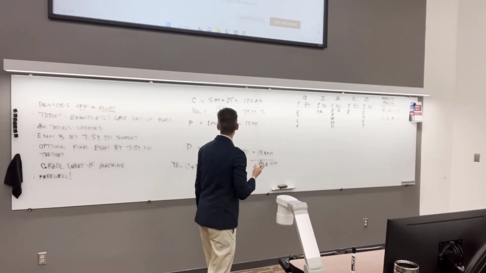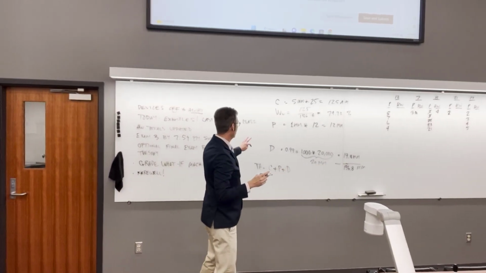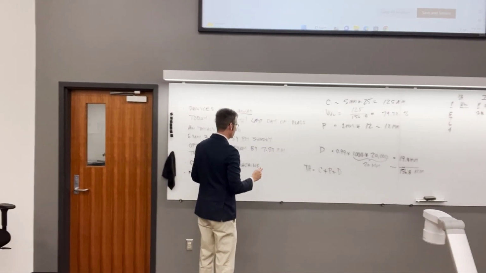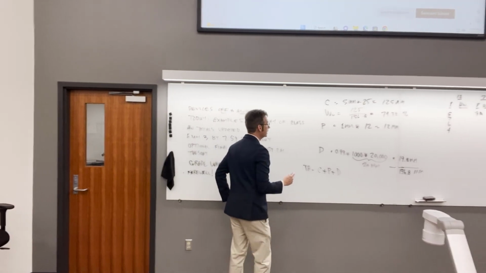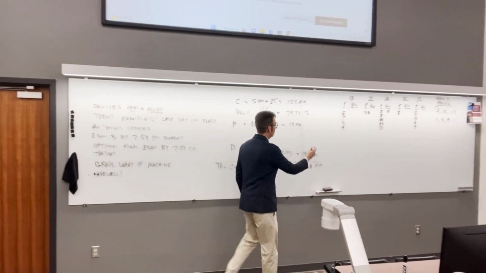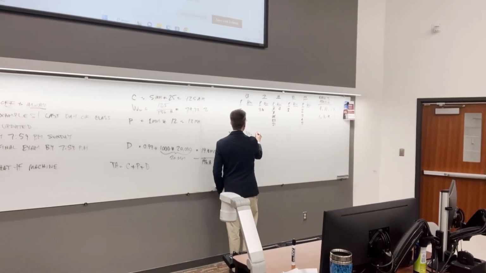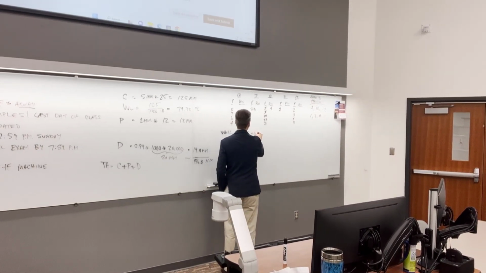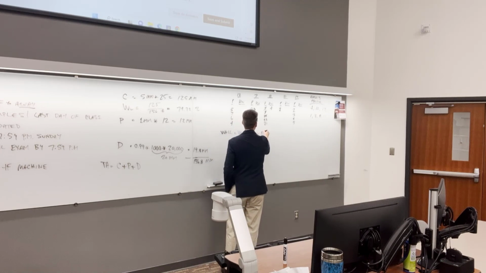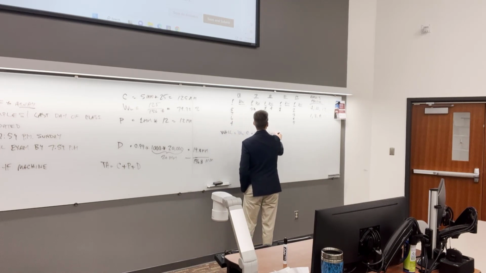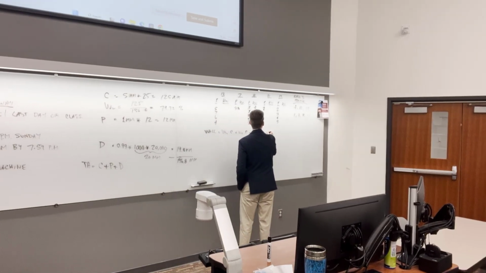Okay, now, if we were going ahead and doing the weighted average cost of capital on this thing, the formula would look like this. It'd be W sub C times C plus W sub P times P plus W sub D times D times what?